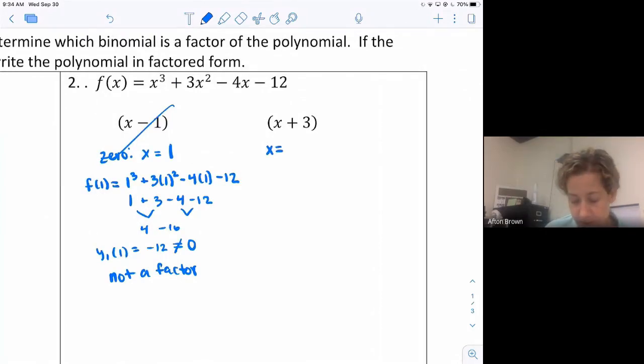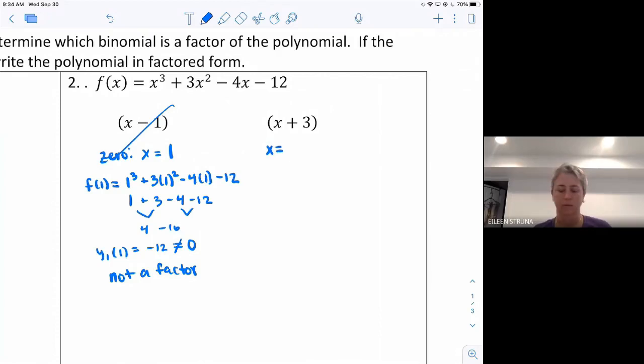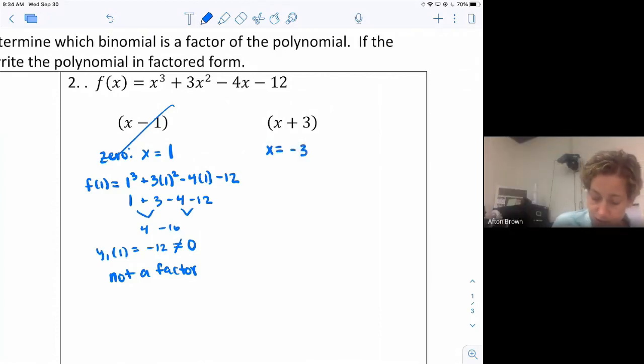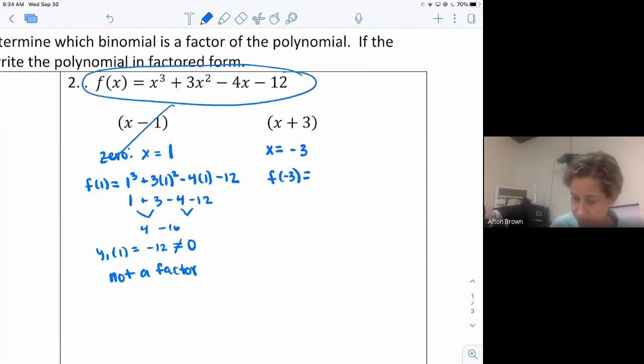Zoe, what is the 0 of x plus 3? -3. Perfect. So step 1 is we're going to evaluate the function at -3. This one I do not want to do by hand. I don't want to plug this in. So I'm going to evaluate the function at -3. I'm going to go into the y equals and enter in this function.